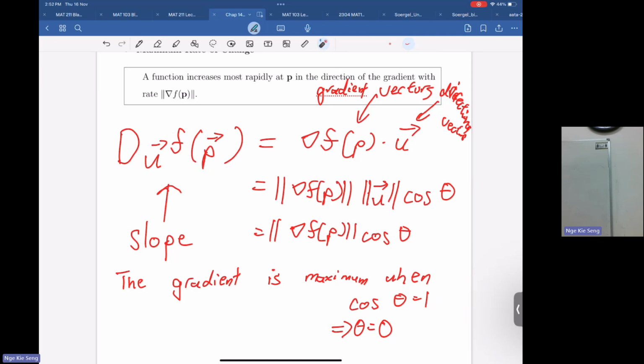Next time you try: do you walk up a staircase? If you climb up the staircase directly, is it harder than if you climb the staircase sideways? You can try. Walk up the staircase sideways, compare with walking directly up.